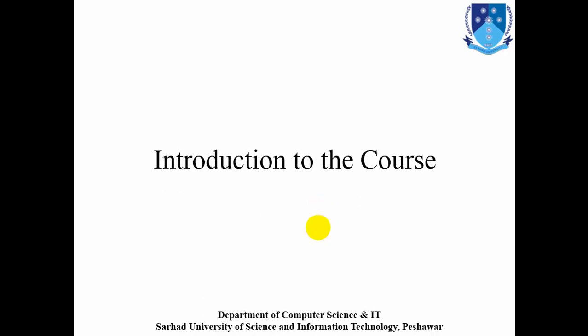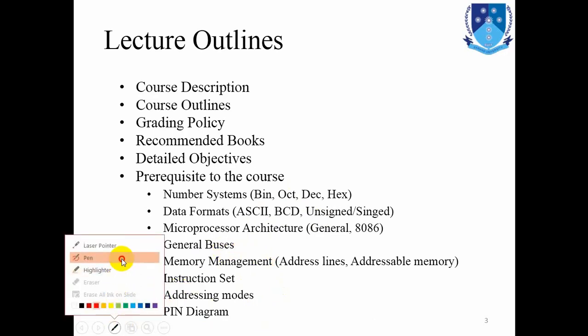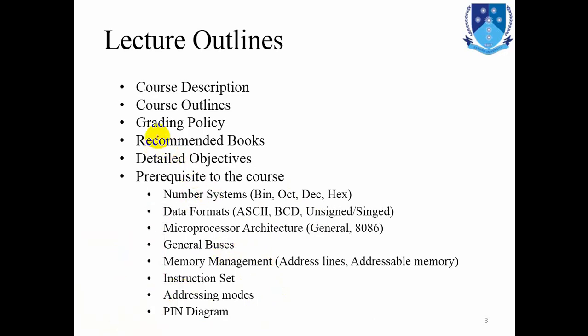Today we will introduce the course of computer architecture and will discuss some important terms or topics from the prerequisite for this course. We will start our lecture by discussing the course description. In other words, we will describe the course of computer architecture. Then we will move towards the course outlines.